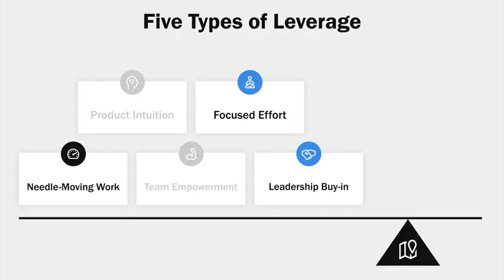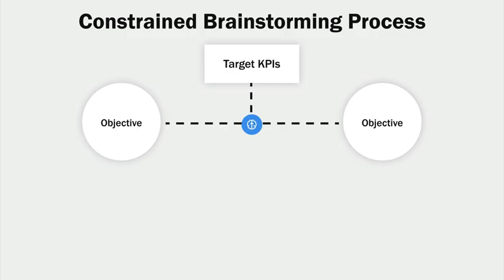Second, 4D roadmapping forces you to constrain and prioritize your initiatives to only those that improve a specific set of objectives and KPIs. This creates focus in your work and makes it easier to get leadership buy-in. The 4D roadmapping process restricts your ideas on 2 levels. First, you determine a set of target KPIs that all your brainstormed objectives must improve.